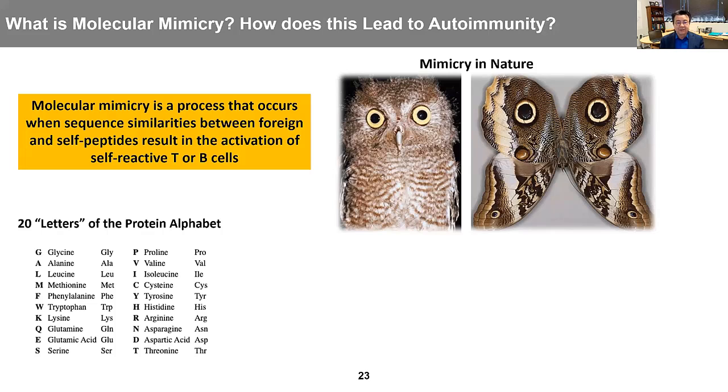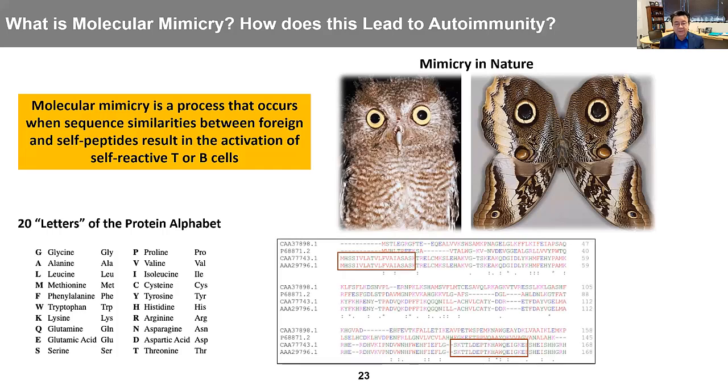The underlying biology is that there are only 20 letters of the protein alphabet that we use. There are some non-native peptides, we won't go over that, but basically 20 of these letters make up the sequences of all of our protein biology that's used for our enzymes, our different proteins, everything in our body that has a proteinaceous nature.